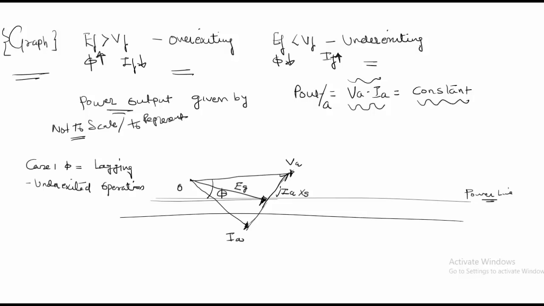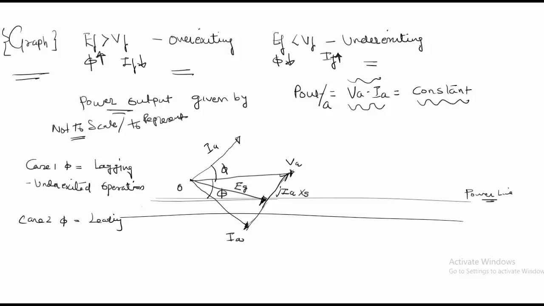Now for case 2, which I am taking, my phi is leading, but I am not changing my Ia. My Ia is the same and my voltage is also the same. So for the same amount, if I am drawing it, this is my Ia now with a leading power factor.